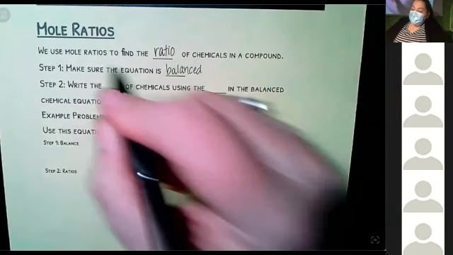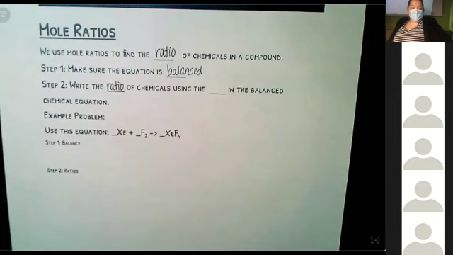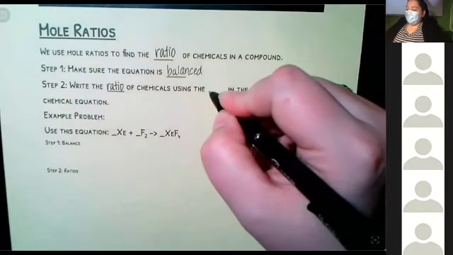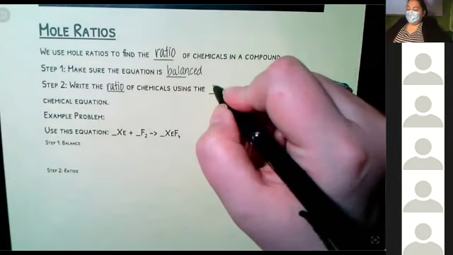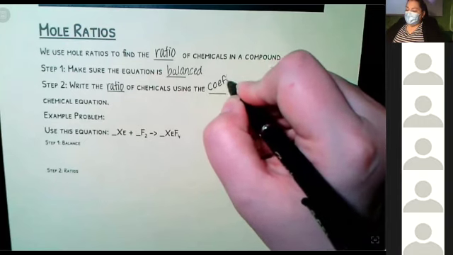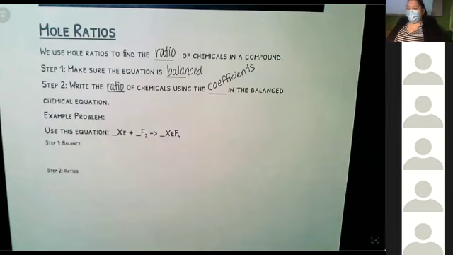Write the ratio of chemicals using the coefficients. It's not going to fit here when you're writing, so I'm sorry. You can just write sideways. Okay, so we're going to be using the coefficients in a balanced chemical equation to do what we're doing today.